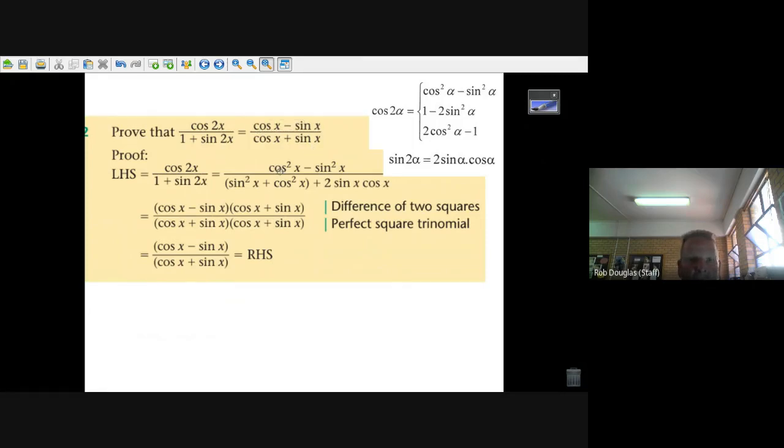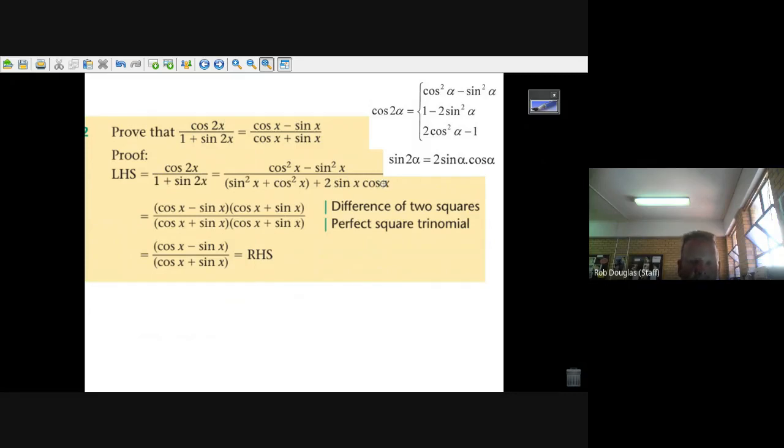Well, that's a good idea then, maybe to replace cos 2x with cos squared minus sine squared. Now, the right-hand side tells you, too, that you've got cos x plus sine x. That's what you'd like to end up with in the bottom. Well, you're kind of locked into what you substitute for sine 2x. So instead of sine 2x, we put 2 sine x cos x.